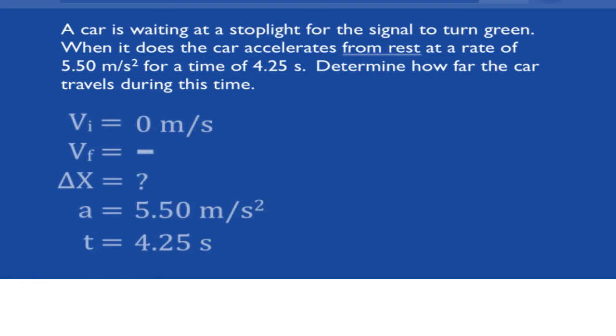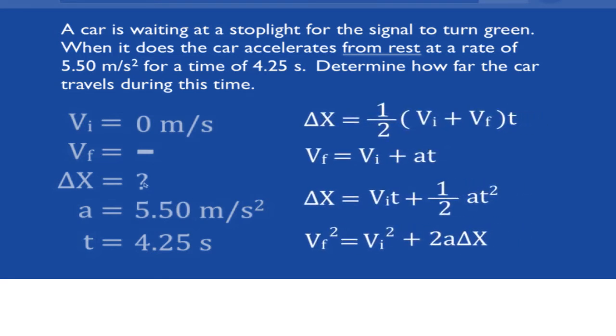So you can see, as I said on the previous slide, we are given the initial velocity, the acceleration, and the time. We are asked to solve for the change in position, and therefore we can figure out which equation we are going to use.